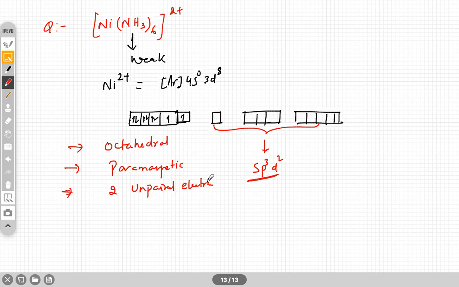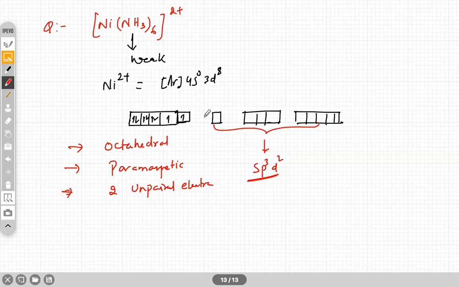You can also think of one thing here. If you try to understand this, even if you do not memorize, you can do this easily. See, if you think NH3 is a strong ligand, so pairing against Hund's rule, what you will do is shift this electron pair here, right? You will have only one vacant orbital then.